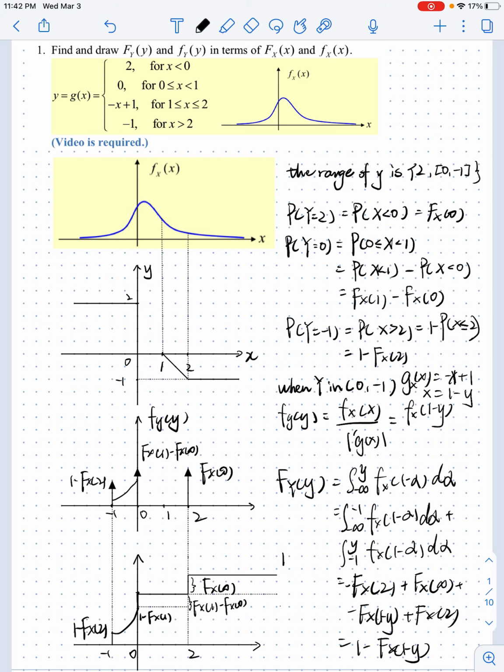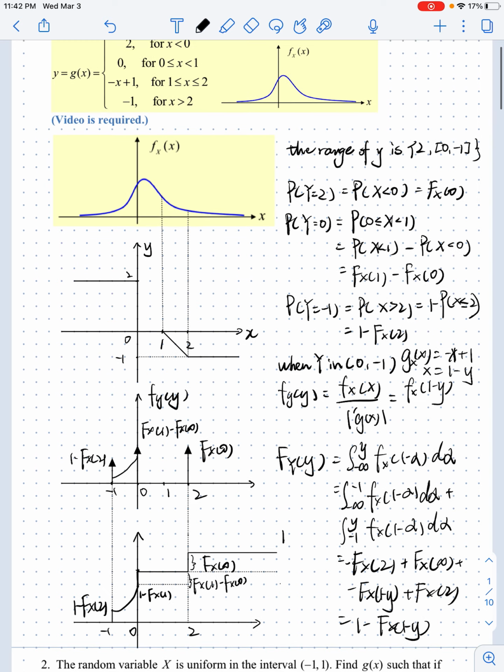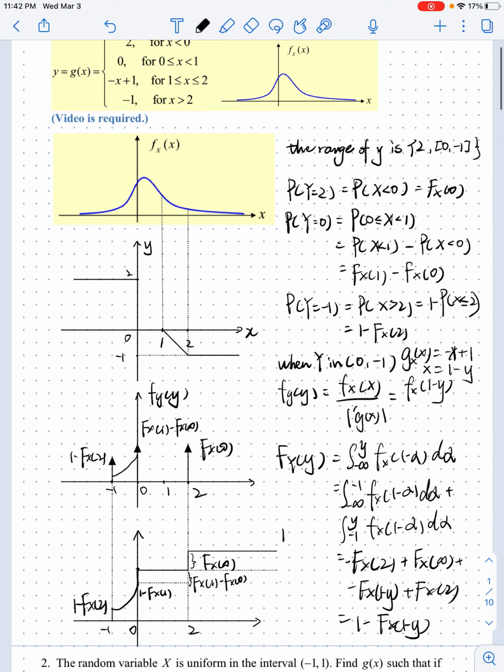So when we try to get the big function for y, we can do the integration from negative infinity to y.